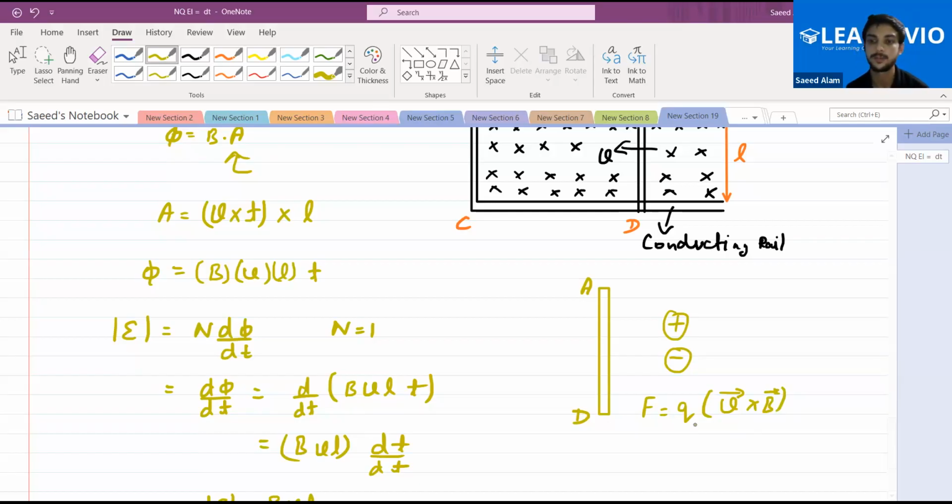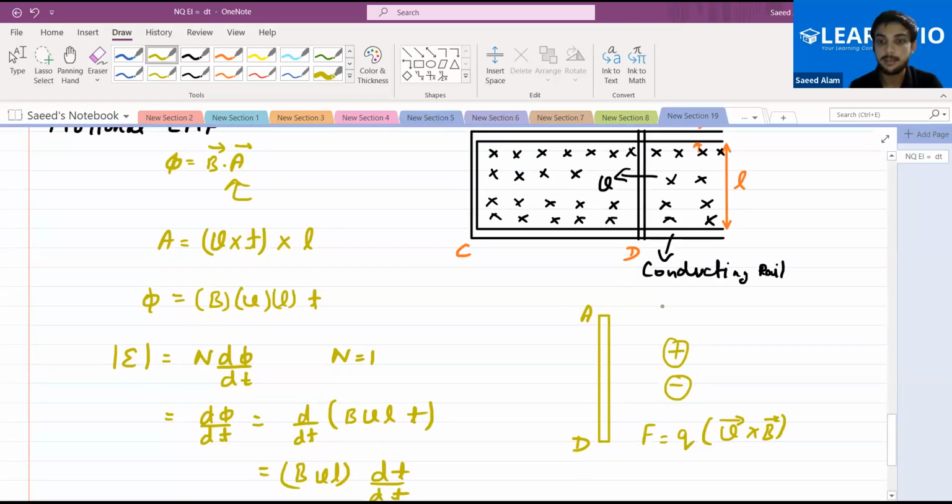If it is there, we'll apply it and we'll get the direction. How? Let's see. First of all, tell me, is the direction of the magnetic field downward, inside the plane, and V is in this direction?